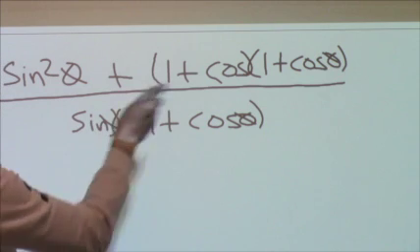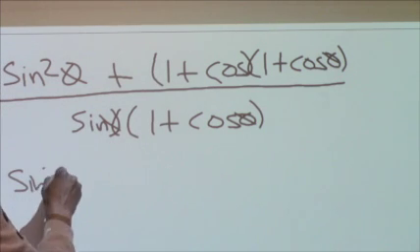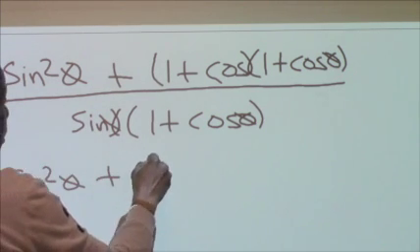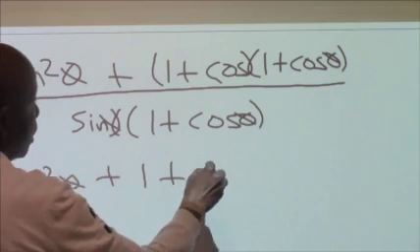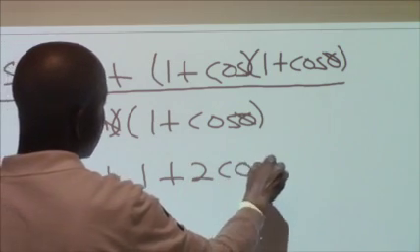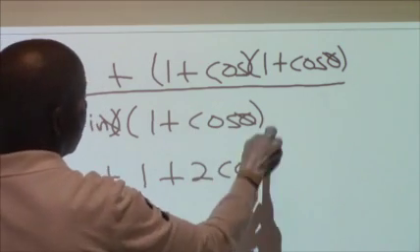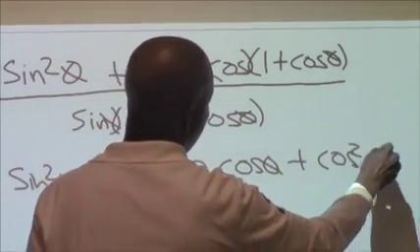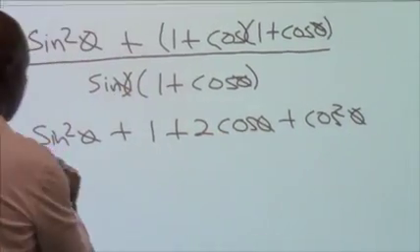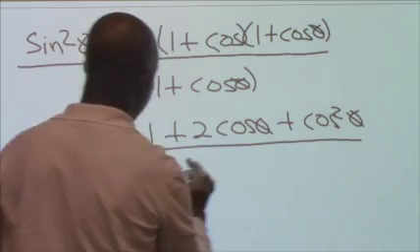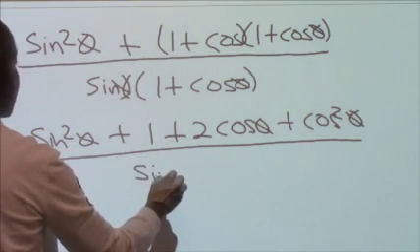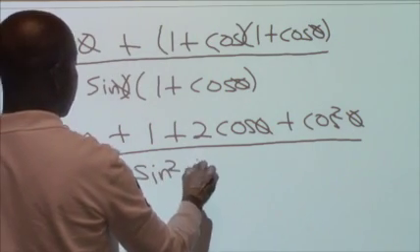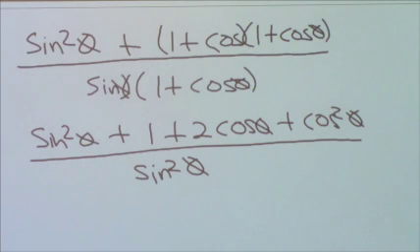Now, when I do the multiplication over there, I'm going to have sine squared theta plus 1 plus 2 cosine theta plus cosine squared theta over sine squared theta. Now, let's see what happens next.